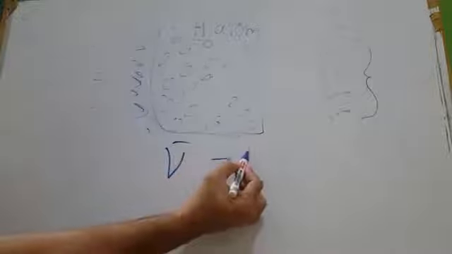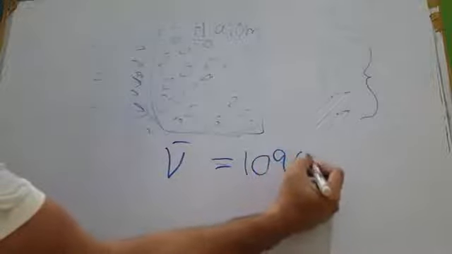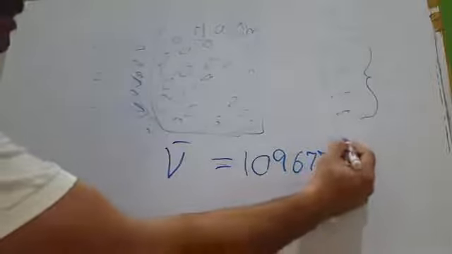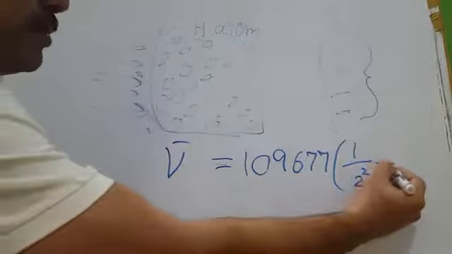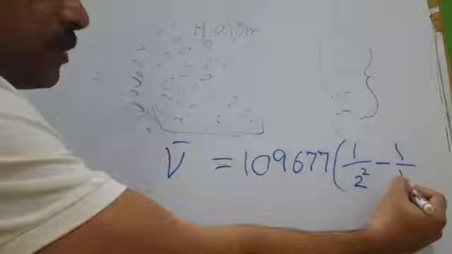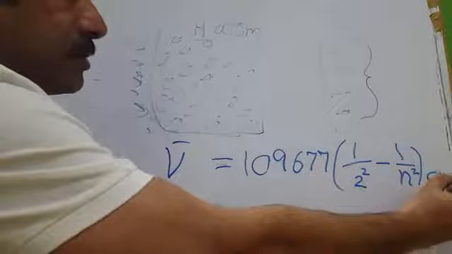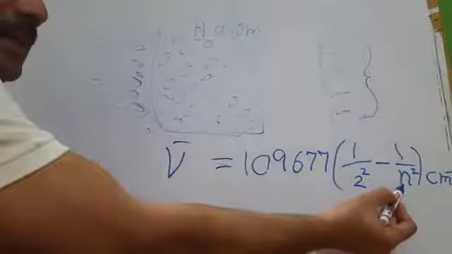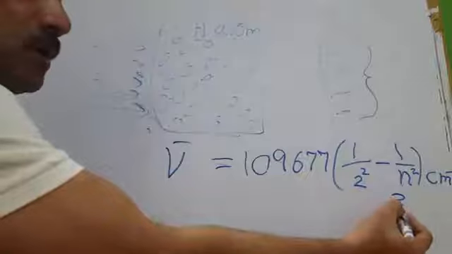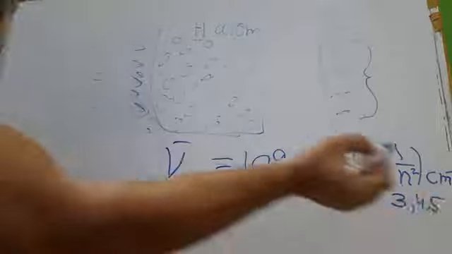And what was the relation? Relation was that nu bar is equal to 109,677 into 1 upon 2 square minus 1 upon n square per centimeter, where n is a whole number starting from 3, like 3, 4, 5 and so on.